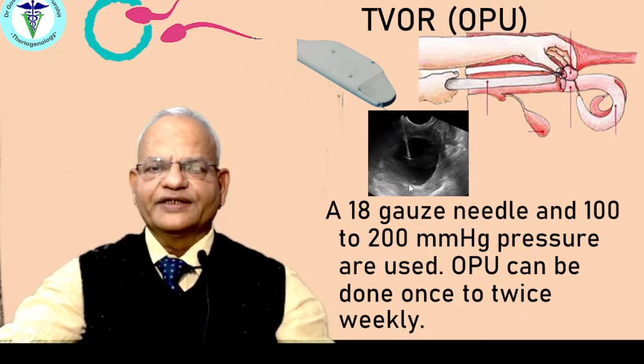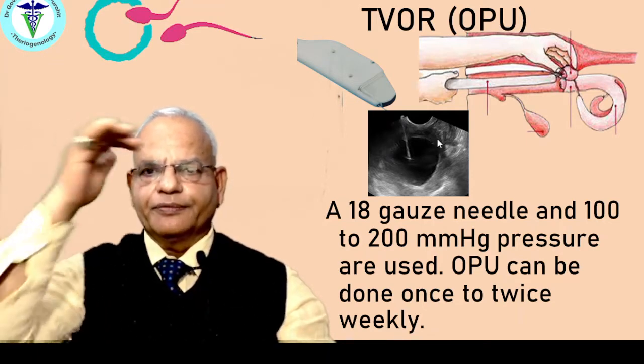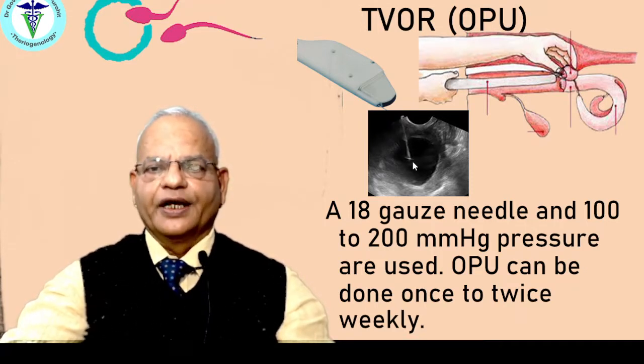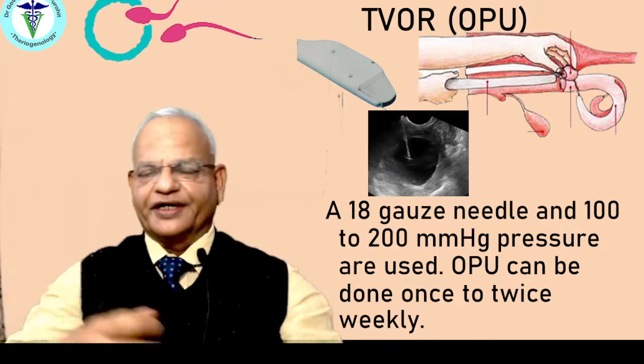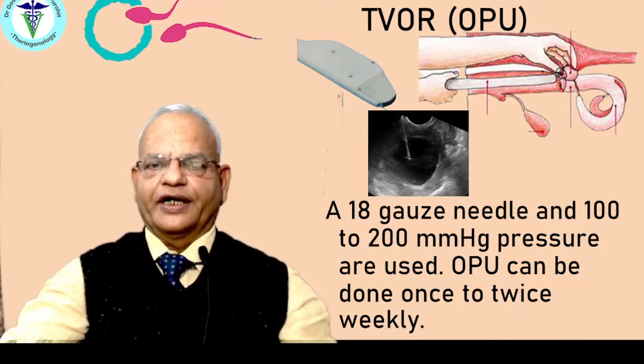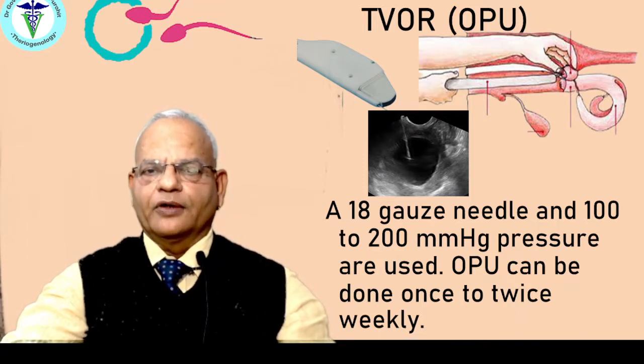You can visualize the follicle on the ovary and pierce the peritoneum so that the needle reaches near the ovary, and then when you pierce it, you can aspirate the contents by negative pressure, and the follicular fluid will come outside along with the oocyte.